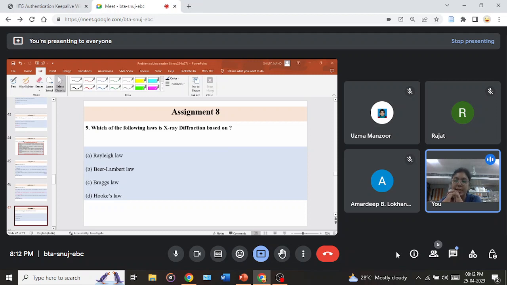Amardeep is saying that the answer should be C, that is Bragg's law. Okay, so why not B and D, Beer-Lambert law and Hooke's law? Can anyone tell me what the Beer-Lambert law is, or what Hooke's law is?